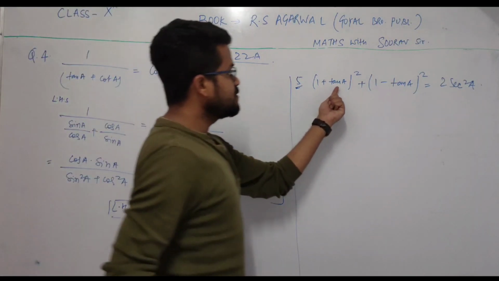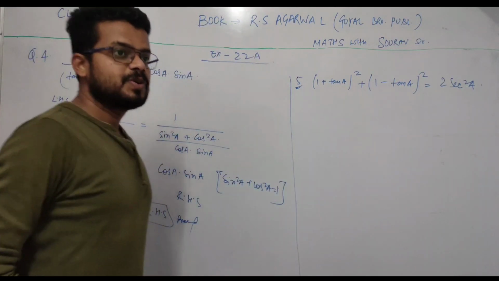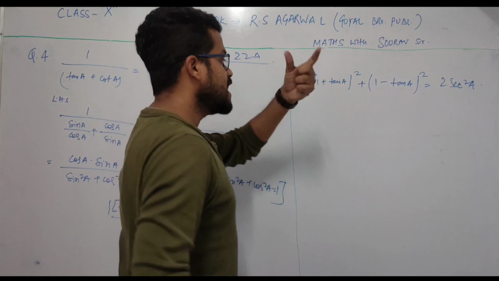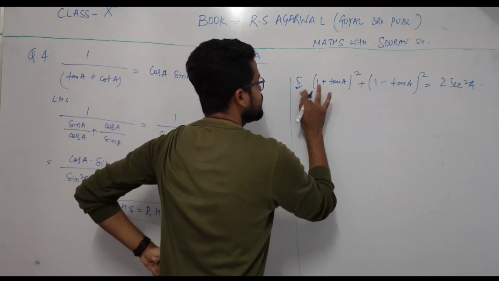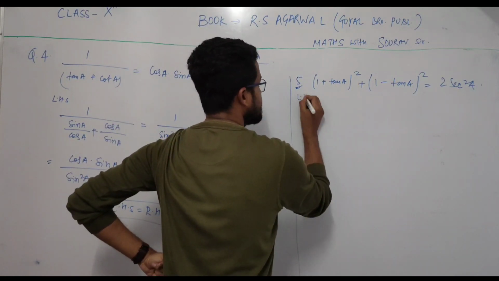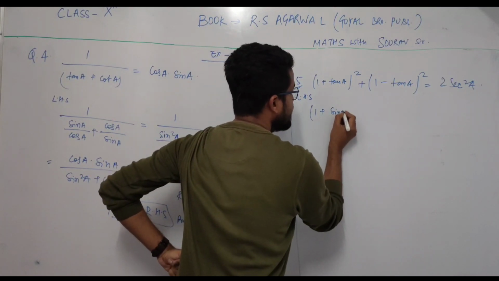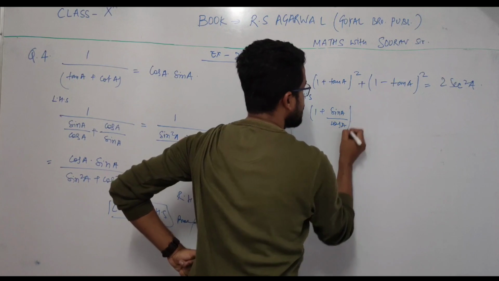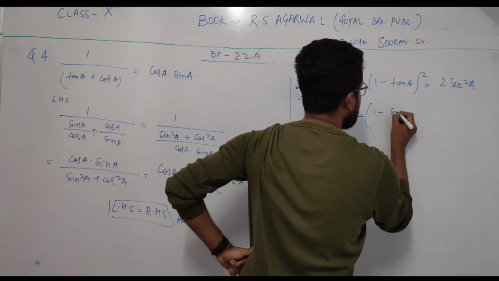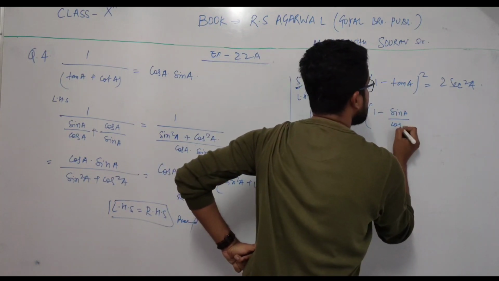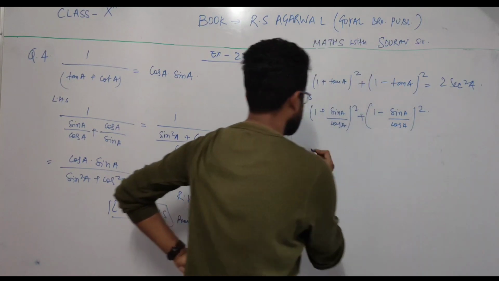Firstly convert this tan A into sin A upon cos A. So in LHS, converting tan A, we have (1 plus sin A upon cos A) whole square plus (1 minus sin A upon cos A) whole square.